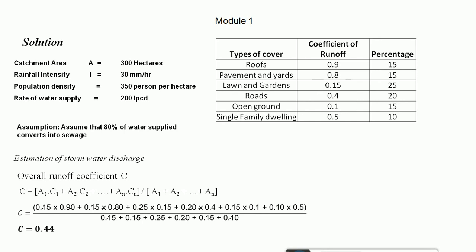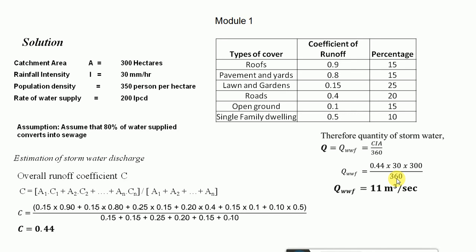Now we know that Q = CIA / 360. The average coefficient of runoff we obtained is 0.44, and the intensity of rainfall is given as 30 mm per hour. So we directly substitute 0.44 into 30 into the area of 300 hectares, divided by 360. We obtain the quantity of wet weather flow as 11 meter cube per second.